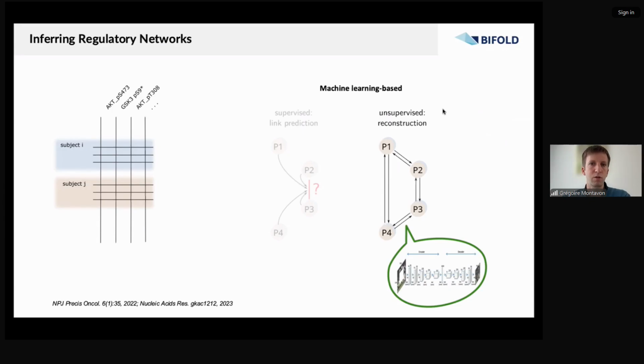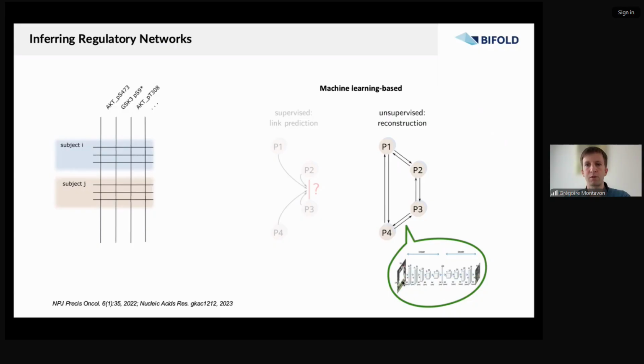And so we went the unsupervised route, where we had to basically define some unsupervised task, which is a good surrogate for the task we would like to solve, which is to infer this relation between different proteins. So the approach we went with is that of in-painting.